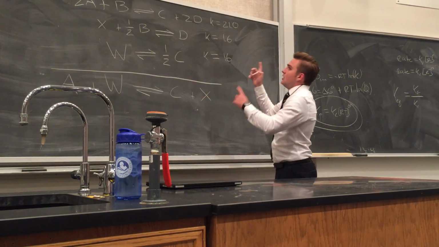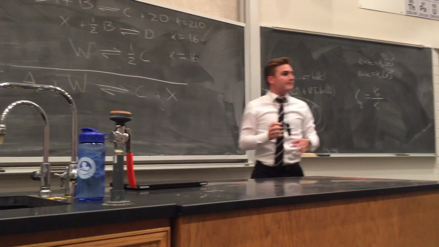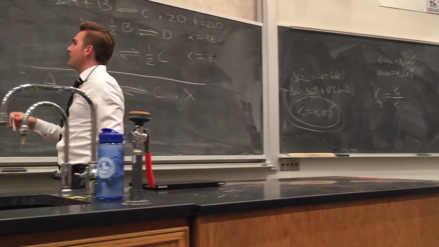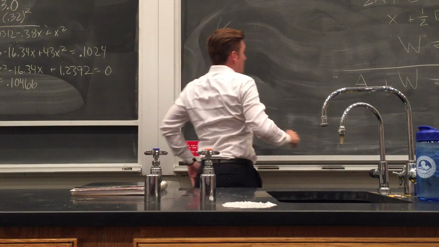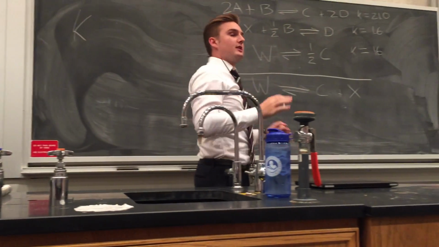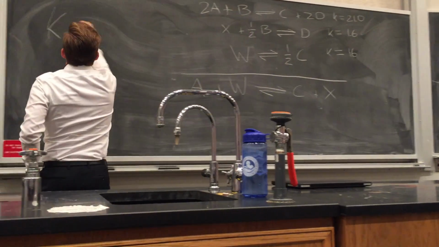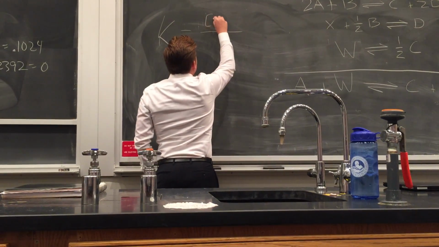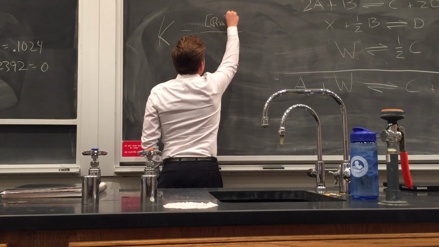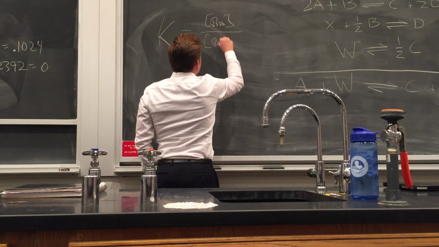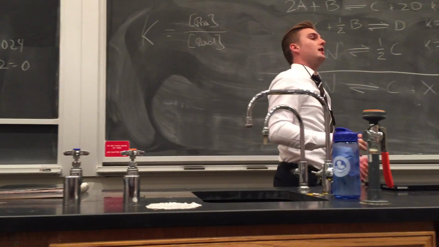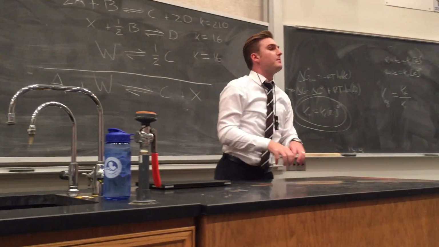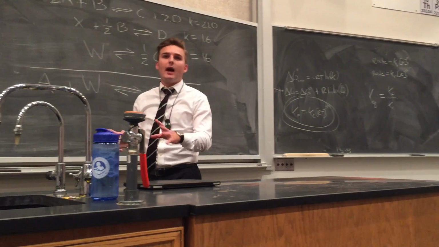Okay, let's talk about this for a minute. An important thing is understanding values of K. An equilibrium expression, we've done this a bunch. It says that we have the concentration of our products over reactants. If I get a K value for an equation and it's really big, that tells me a lot about that equation.